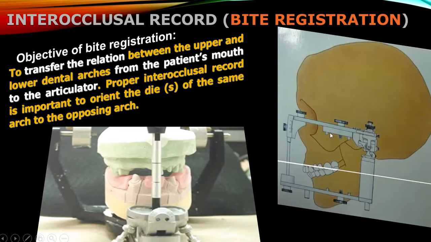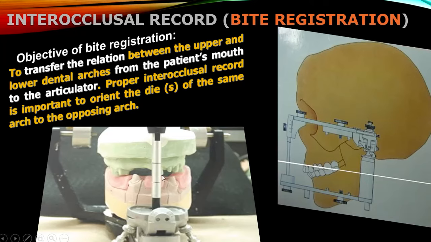Proper interocclusal record is important to orient the die of the same dental arch to the opposing arch. طبعا الداي المقصود بالداي مثل ما تعرفون وهي بصف ثالث هي individual model of tooth. هذا هو الداي of in the lower.